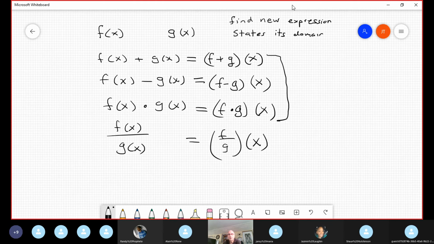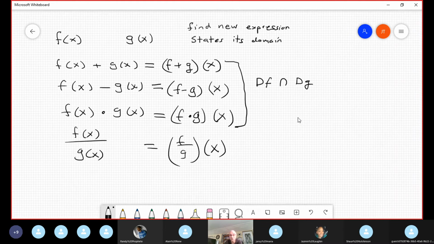Well, domain in this case is the domain of f intersection the domain of g. It's the intersection, or 'and'. So I suppose you have restrictions. It's the restriction of f and, equivalently, the restriction of g together. Suppose we have no restriction, no problem, it's all real numbers, right? But in this case, it's more complicated.